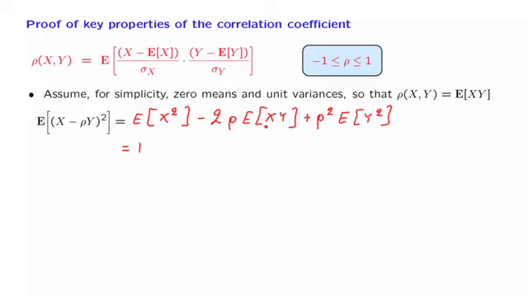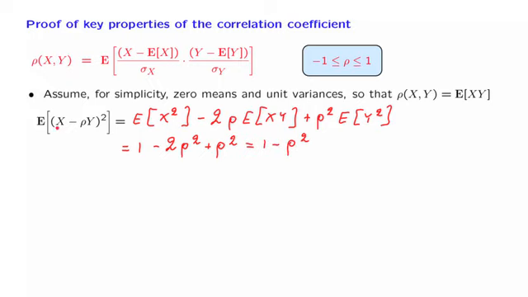Now, the expected value of x times y is the same as the correlation coefficient in this case, so we have -2 rho squared, and from here we have rho squared, and by the previous argument, this quantity, according to our assumptions, is equal to 1, so we're left with this expression, which is 1 minus rho squared.